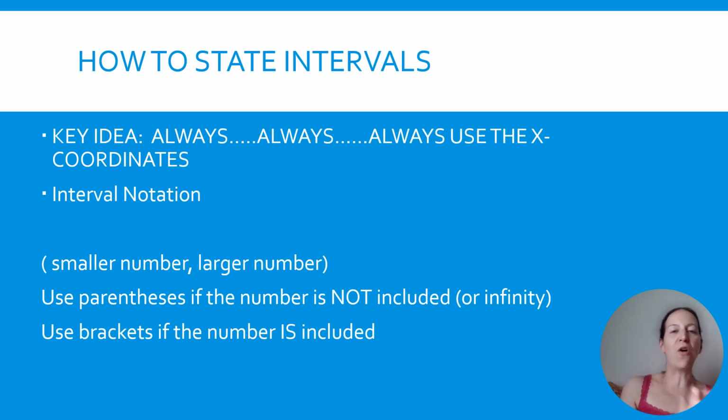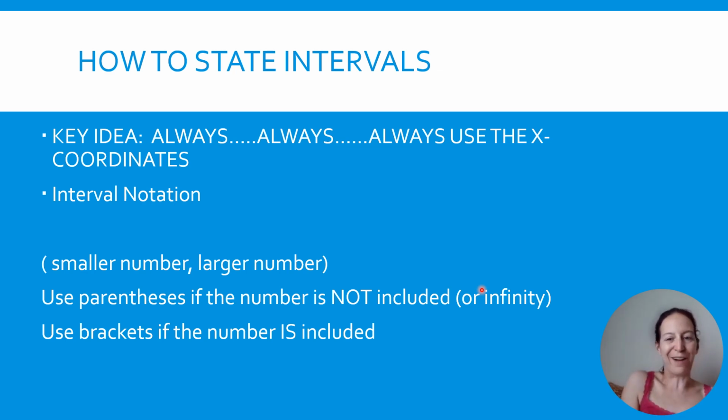But always, the smaller number is on the left and the larger number is on the right. You have parentheses, smaller number, comma, larger number, parenthesis. And that's actually going to look a lot like an ordered pair. In fact, the notation is going to be exactly the same.